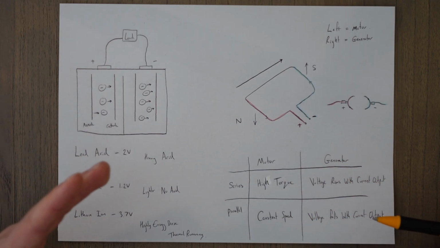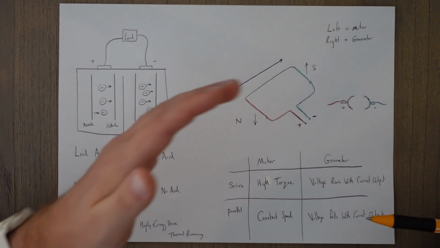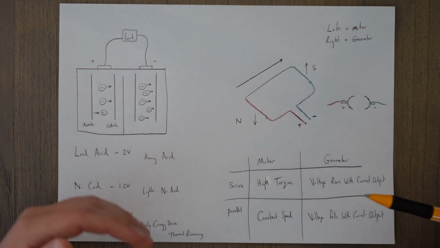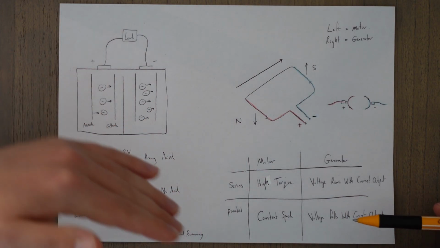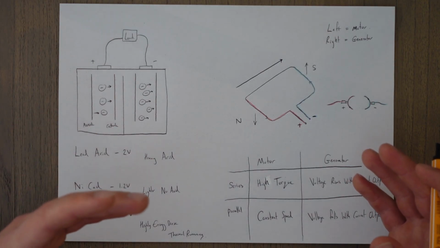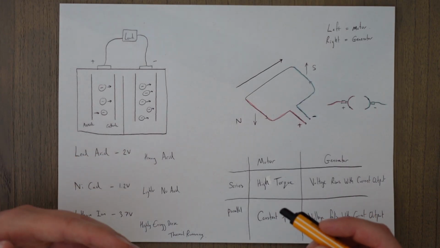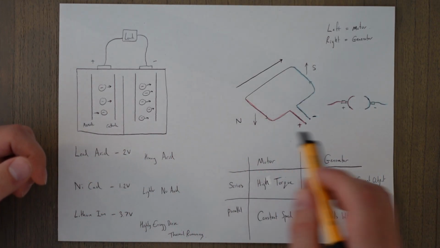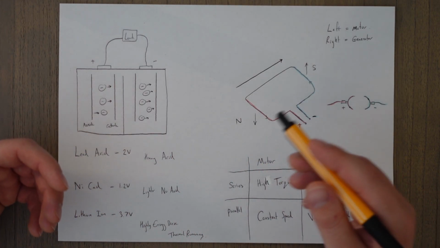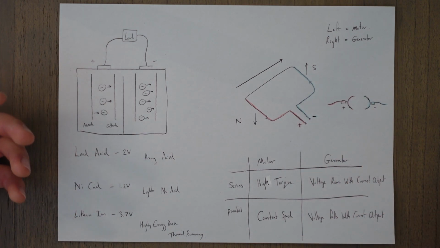In series, we get a voltage rise as the current output rises, and with parallel, we get one that falls. So essentially what we want to do is combine both of them and have a compound wound generator to get a steady output voltage from the generator itself.